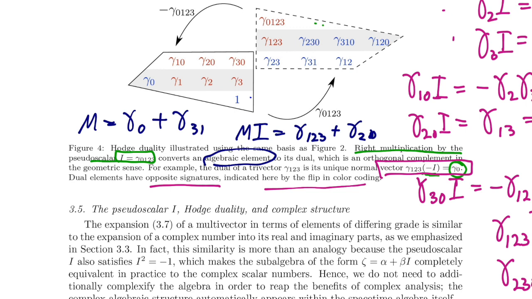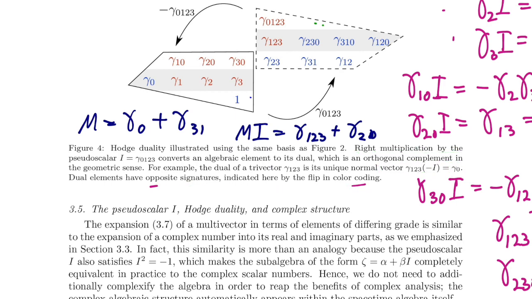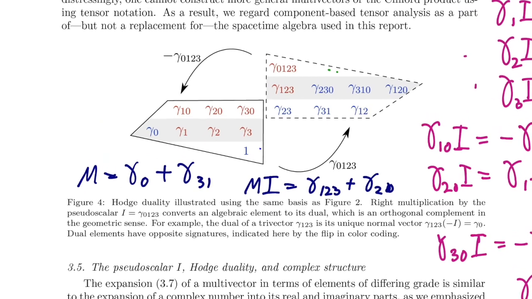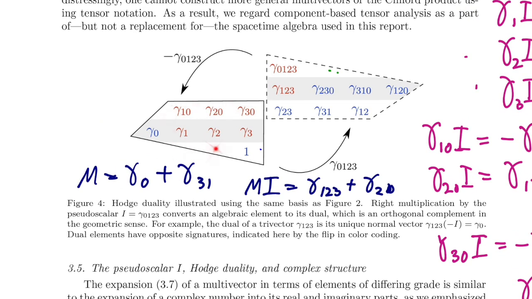So we are going to stick with the notion that the dual is always right multiplication by I, and my expectation that these guys had to literally be the dual of these guys, that's just not true. The space spanned by these guys is totally dual to the space spanned by these guys.